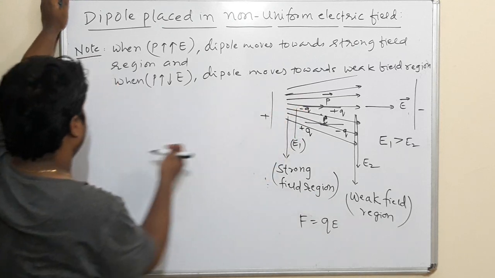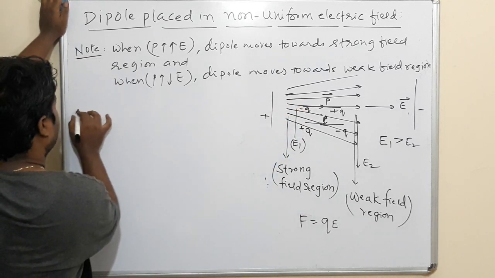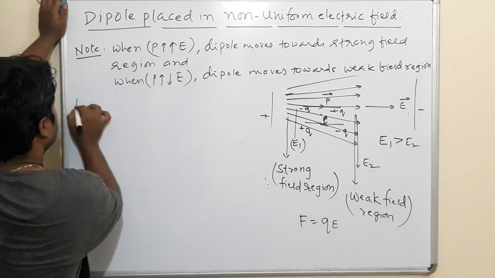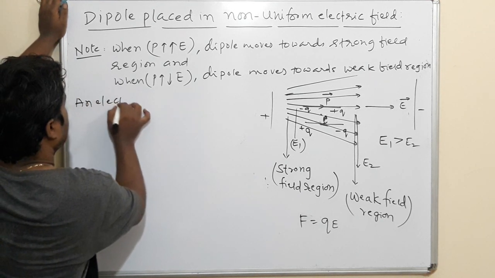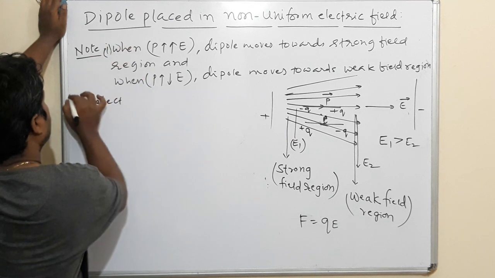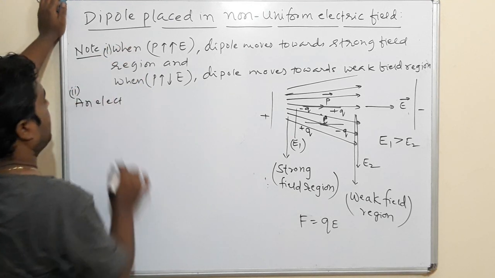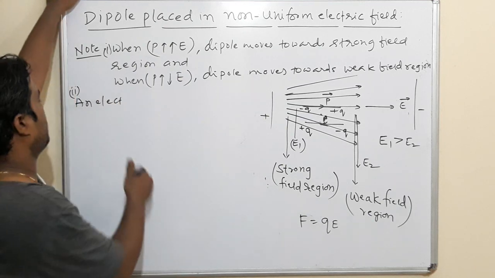If it makes some angle, then that is a dipole placed in... this is point number 1, point number 2 you write, a dipole which is placed in a non-uniform electric field.